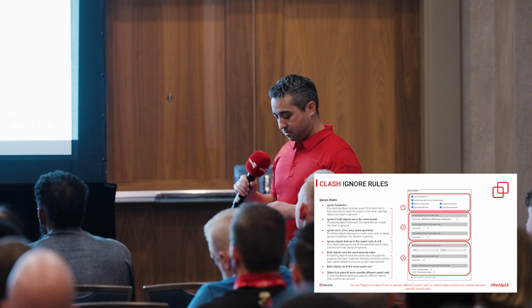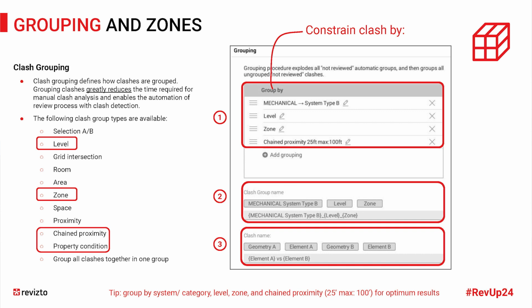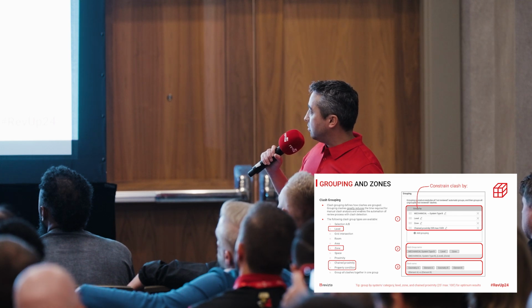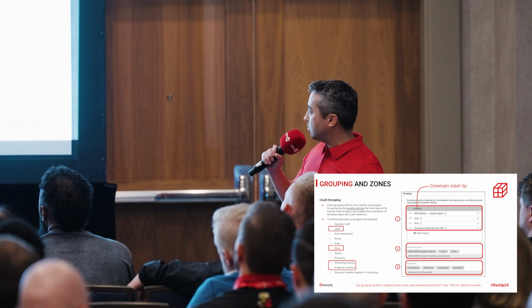Grouping. So again, this is another very powerful workflow to really reduce the amount of clashes you need to review. And when you set up the auto grouping, when you run clash detection, it's automatically going to figure out if those clashing objects meet this criteria, it's going to constrain it to this criteria you set. So in this example, I'm going to actually look at system type B, which is mechanical or plumbing.